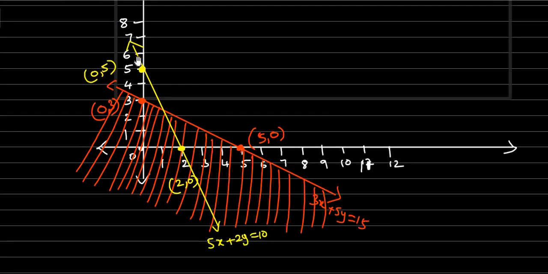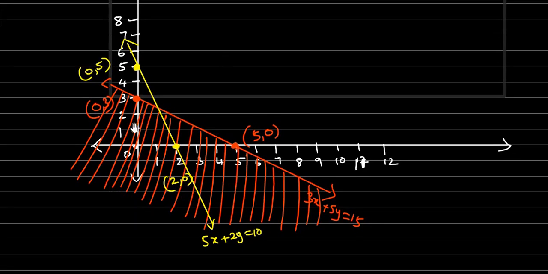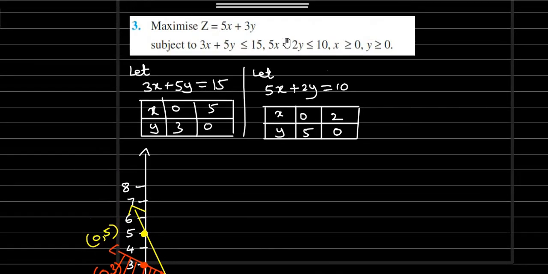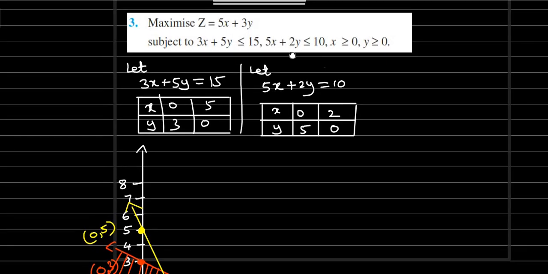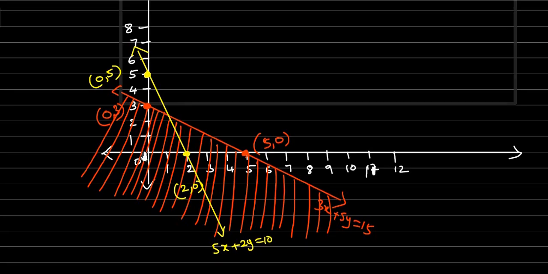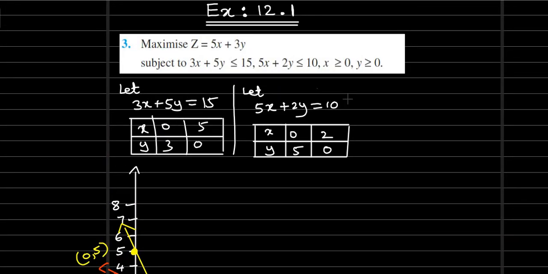Now, forget about the previous one. After drawing this yellow line, the graph is dividing into two portions, right? One is this right side and the other one is the left side. We need to identify the solution space for the second inequality. Take any point from this side. Shall we take 0 comma 0 itself? I'll substitute it. 5 times 0 is 0, 2 times 0 is 0, which is 0.